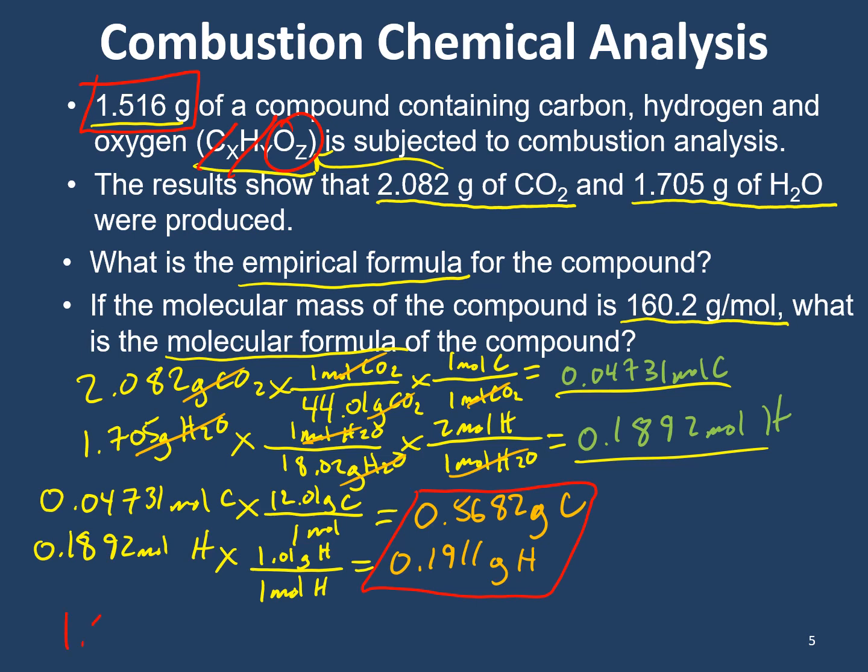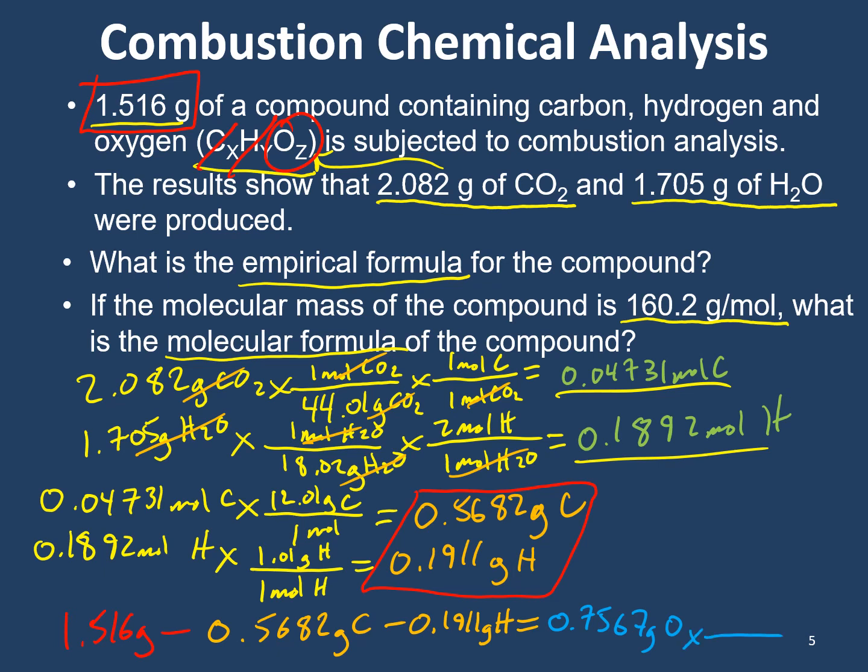So 1.516 grams minus 0.5682 grams of carbon minus 0.1911 grams of hydrogen gives me what's left, which is my grams of oxygen. And this gives me that there are about 0.7567 grams of O.